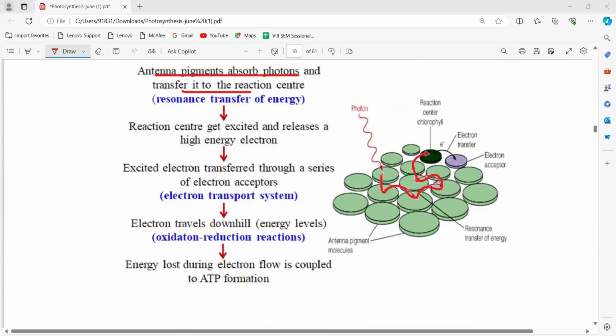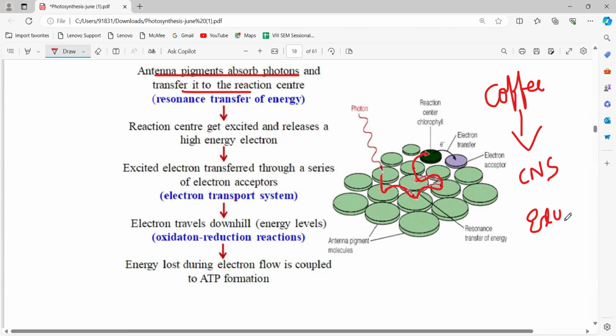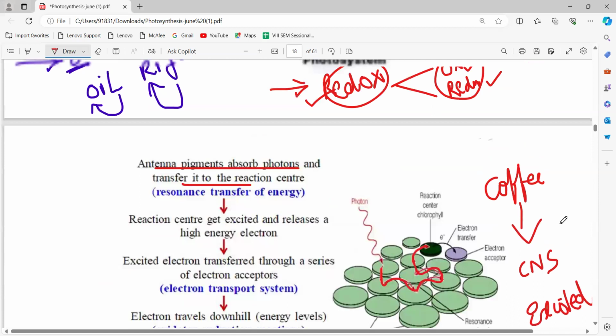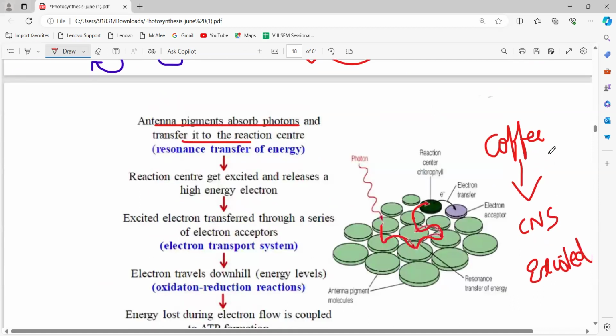Now you tell me, suppose you had instant glucose, tell me what happens to you. Suppose, for example, you just had a filter coffee. What happens? Your CNS will be super stimulated. You will be very excited, at least for a period of 1 hour. Why? Because the CNS is getting stimulated, because the coffee contains caffeine.